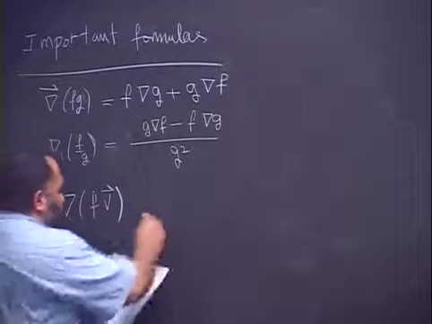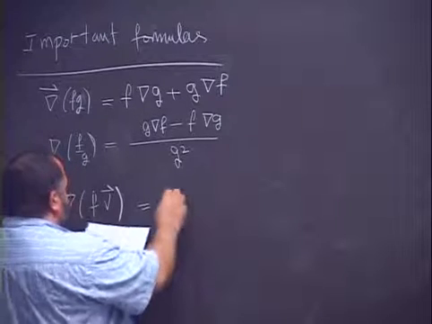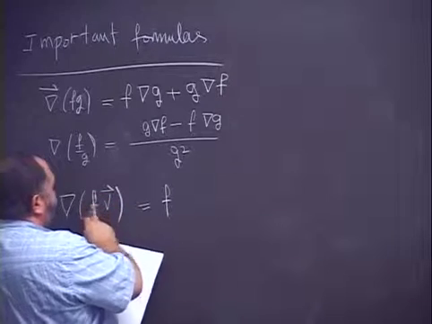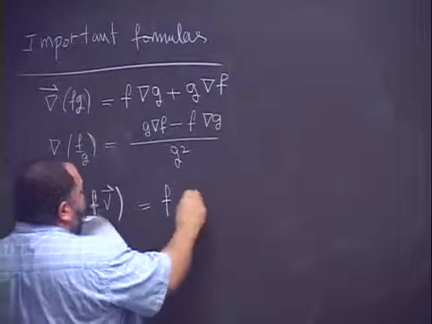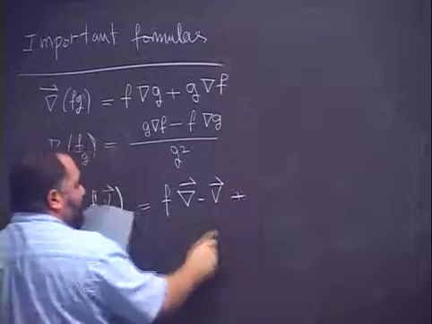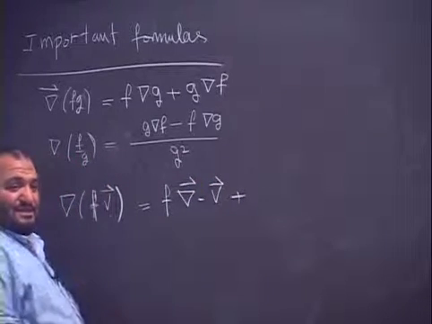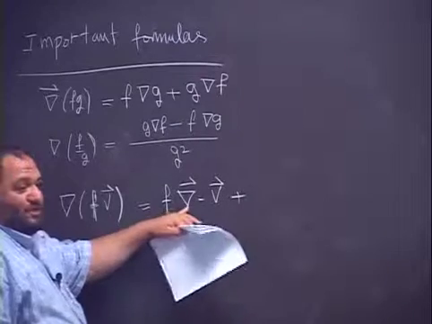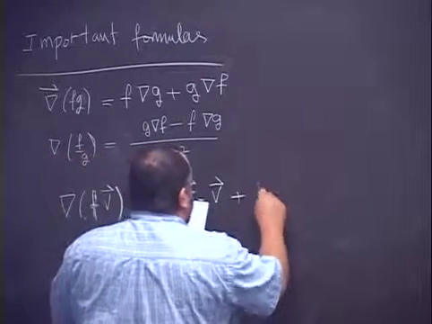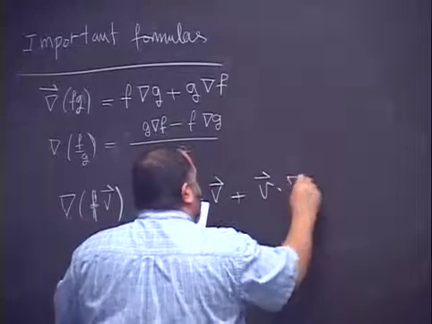Okay. So now this would be what? This will be f, multiplied by the divergence of v, because v is a vector, so I have to put divergence of v, plus v dotted with the gradient of f.